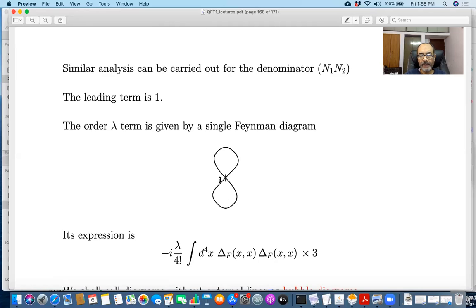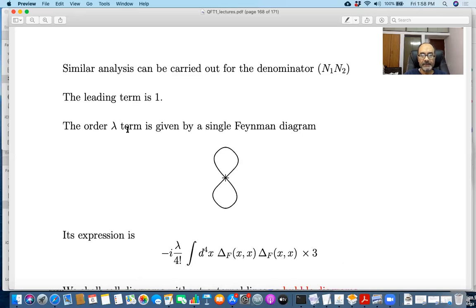What about the combinatoric factor? The combinatoric factor is 3, because out of the 4, the first one can connect to any of the other 3. Then the second one has no choice, but has to connect to whatever is left. So that's the combinatoric factor here, and this is the expression for this diagram.